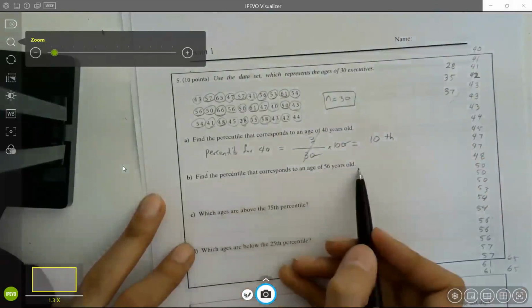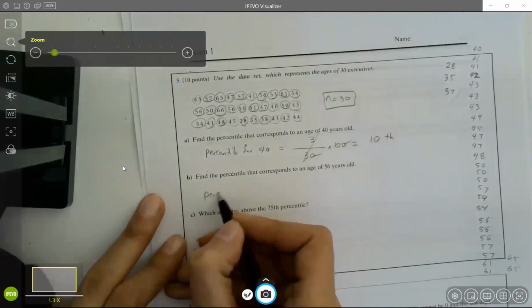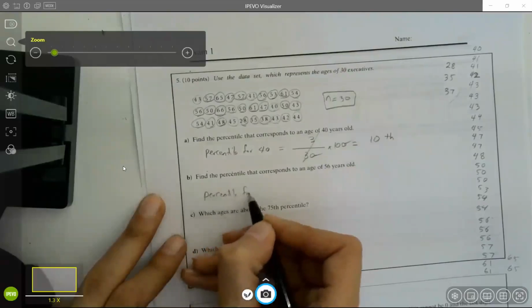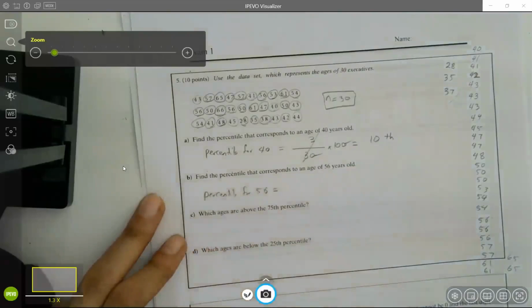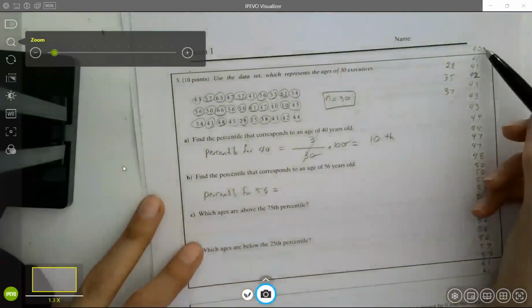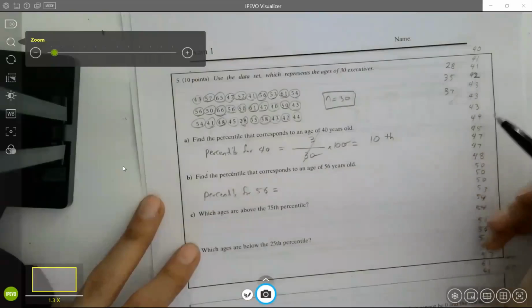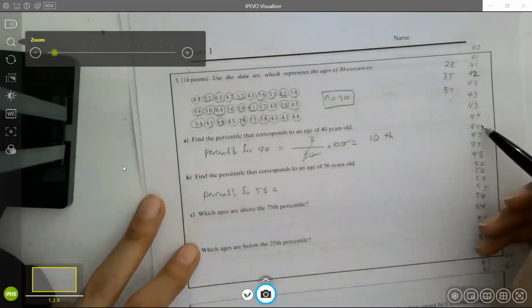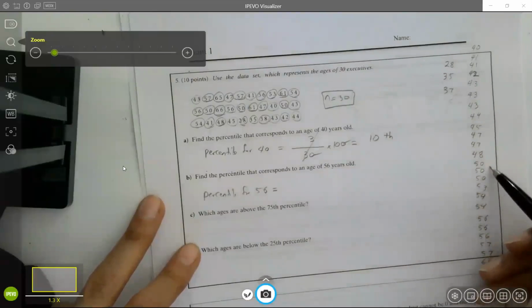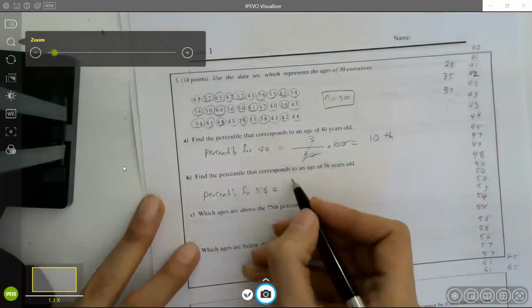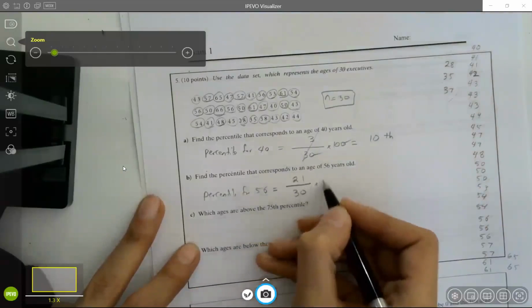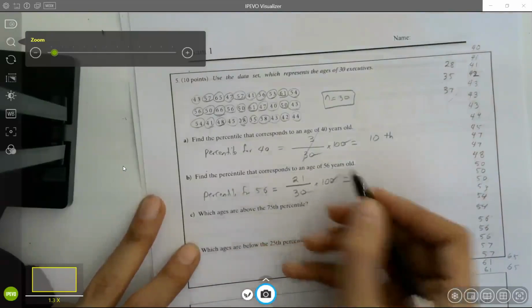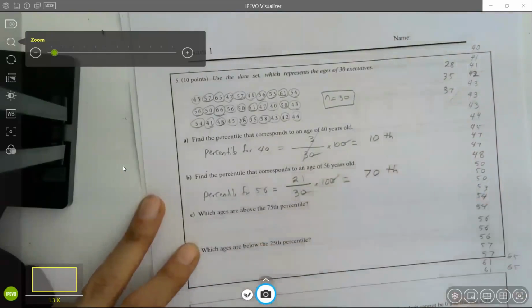How about the percentile for 56? How many ages are less than 56? 3, 6, 9, 12, 15, 18, and 21. 21 divided by 30 times 100, so it's going to be the 70th percentile.